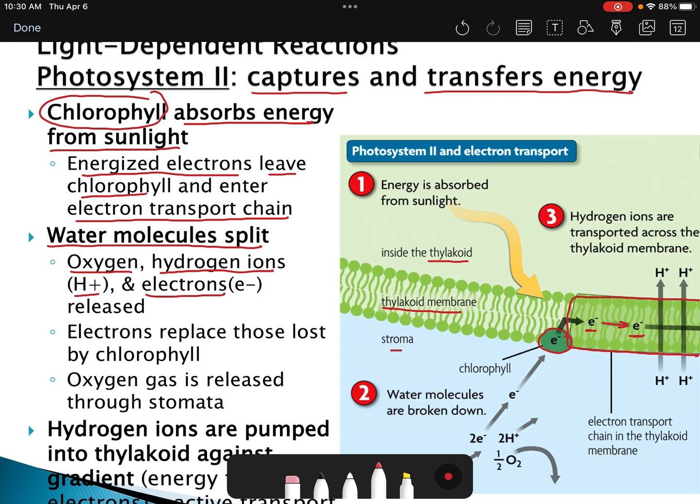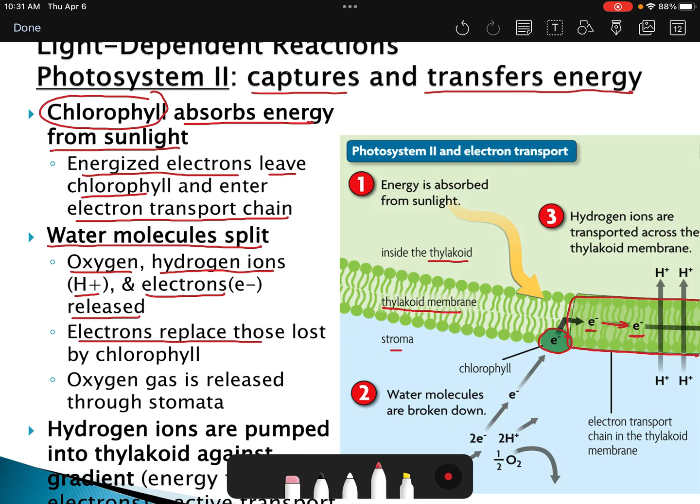Remember, hydrogen is the very first element in the periodic table, so it's made up of one positively charged proton and one negatively charged electron. So when those hydrogen atoms split, they become hydrogen ions and electrons. All three of these, oxygen, hydrogen ions, and electrons, get released when that water molecule splits.